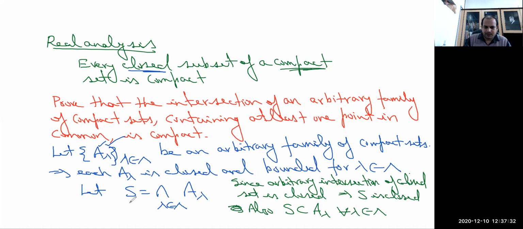So what we have here is that S is closed, and being a subset of a bounded set, S is also bounded. From the result that every closed subset of a compact set is compact, since each of the A lambda is compact and S is closed, this implies that S is compact.